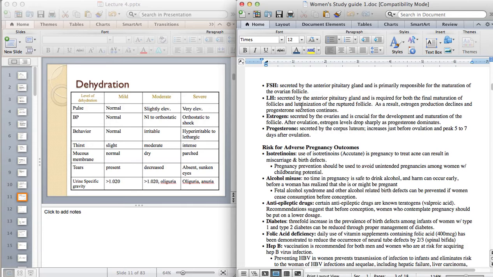Now, for the moderate one, you do your vital signs. The pulse rate is slightly high because at this time the child is having a little bit of tachycardia. The body is still compensating. But the blood pressure may be a little bit orthostatic, a little hypotensive.